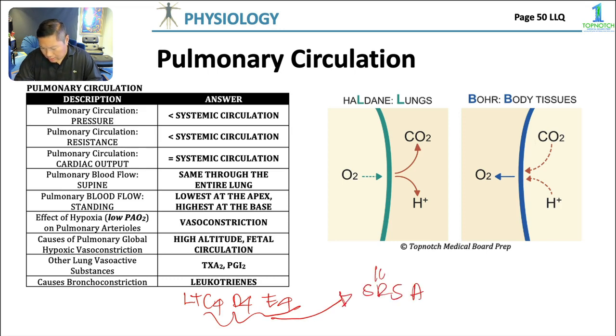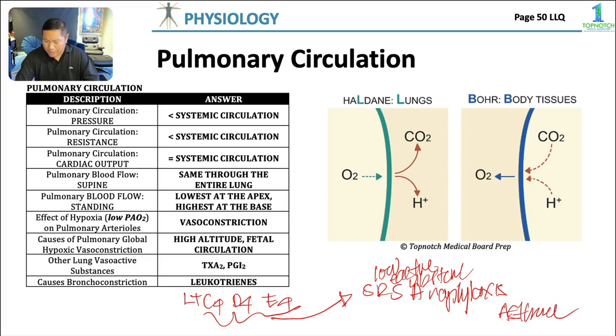Slow reactive substance of anaphylaxis. This SRSA is the one that will trigger asthma. Okay? The steroids that we give to patients will target this SRSA and decrease the incidence of asthma.